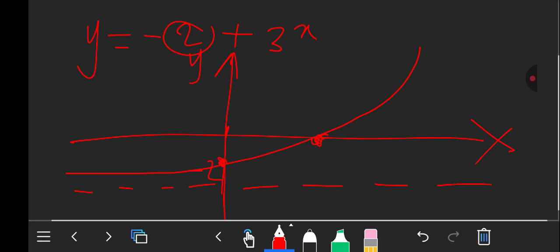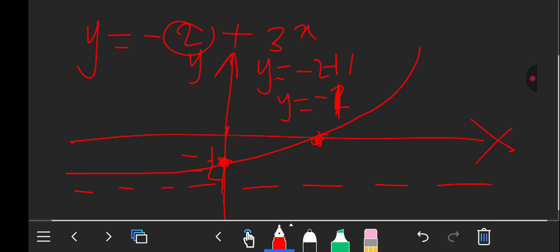For the y-axis, x is equal to 0. You substitute 0 there. 3 to the power 0 is 1. So we're going to have y is equal to negative 2 plus 1. So the point is negative 1, not negative 2, because negative 2 plus 1 is negative 1.